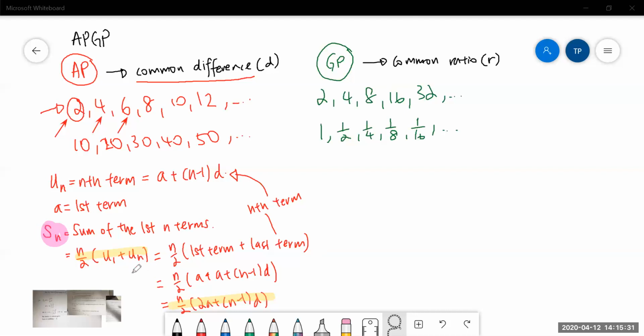Because we are going 2 plus 4 plus 6 plus 8 plus 10 plus 12, all the way to, for instance, 72. We're just going to add from 2 all the way to 72. The number will just get bigger, so this means the sequence is divergent.